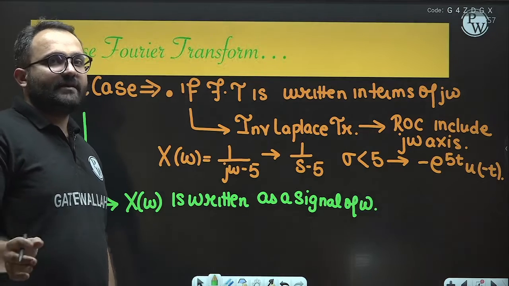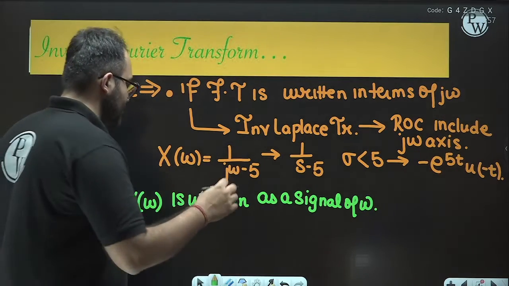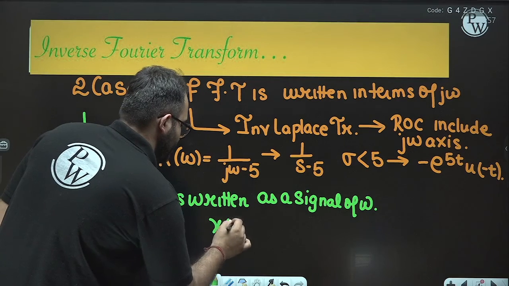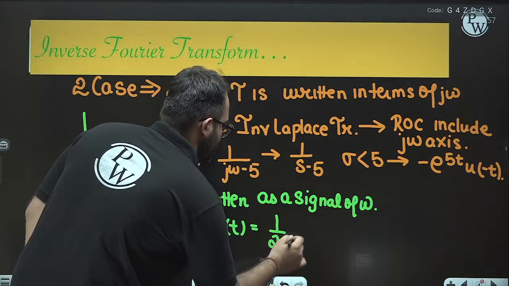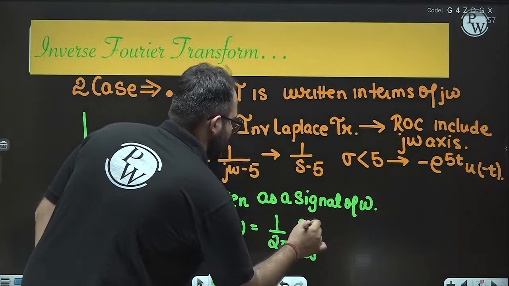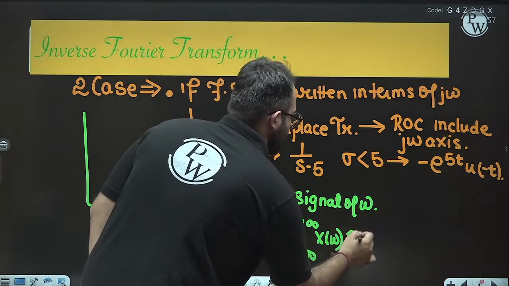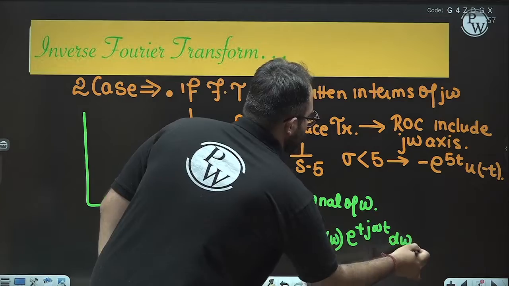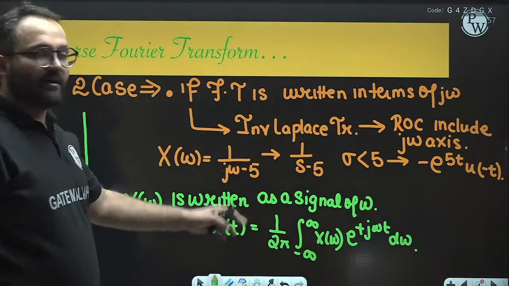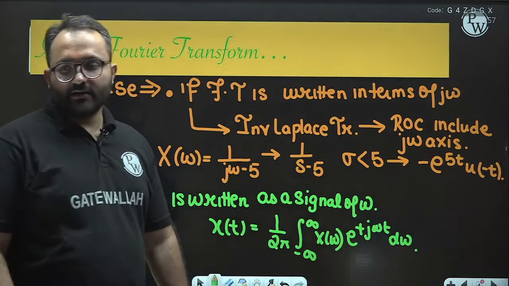We will apply the inverse Fourier transform formula, that is x of t is equal to 1 upon 2 pi integral from minus infinity to infinity of X of omega e to power plus j omega t d omega. We'll put the Fourier transform here and we'll integrate it to get the result.